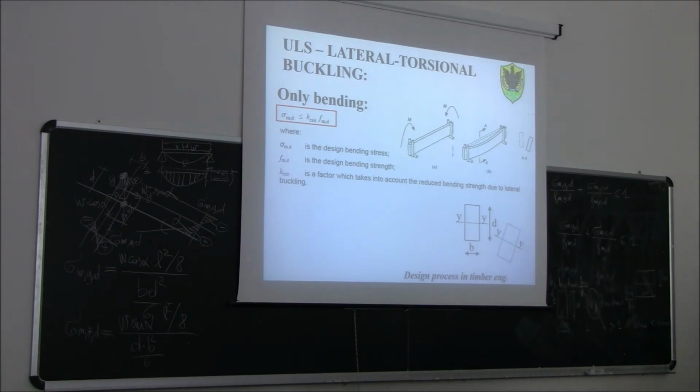You will find that unlike the Euler problem, where you had only one differential equation, here you have two, because there is an equation related to torsion and an equation related to bending. The two differential equations are connected to each other, so the solution is not so trivial.